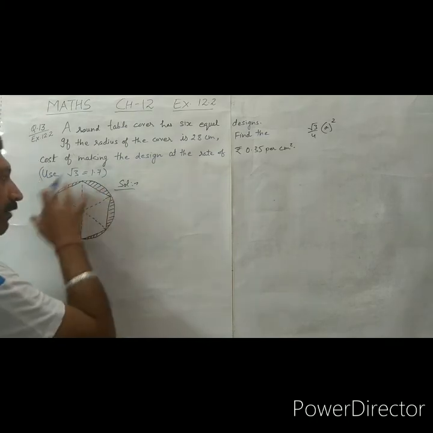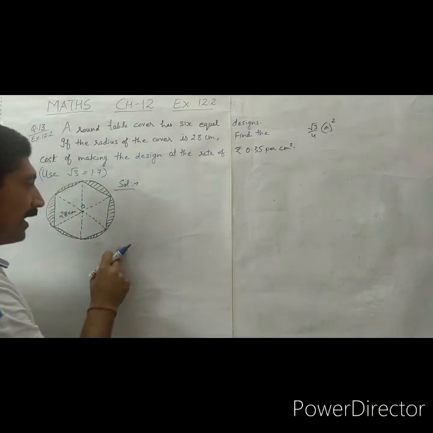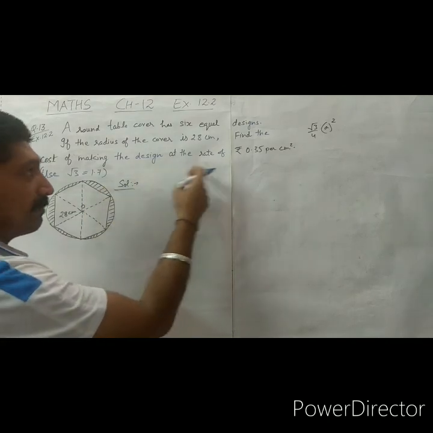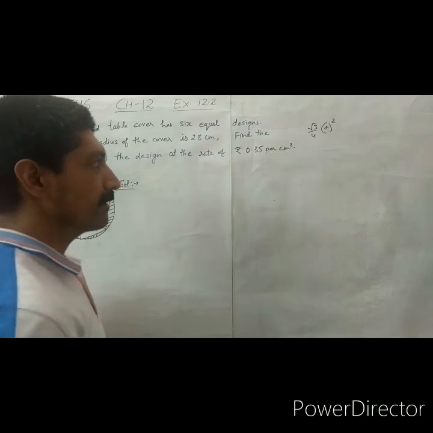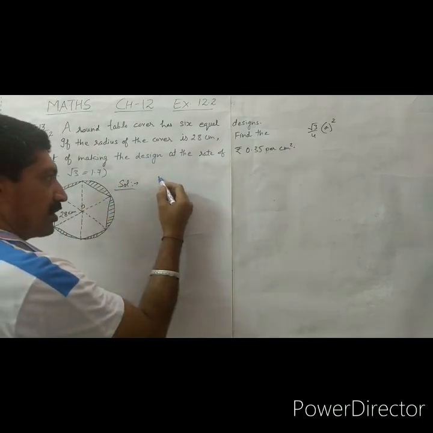So first of all, we have to find the area of all these 6 segments, and then we have to multiply that area with 0.35. So we will find the required shaded area.